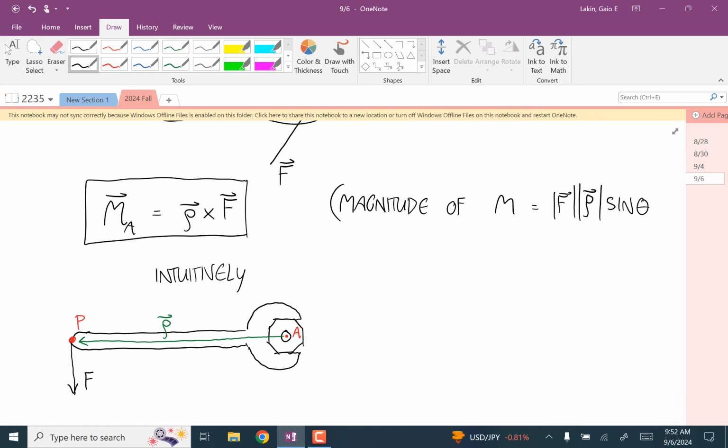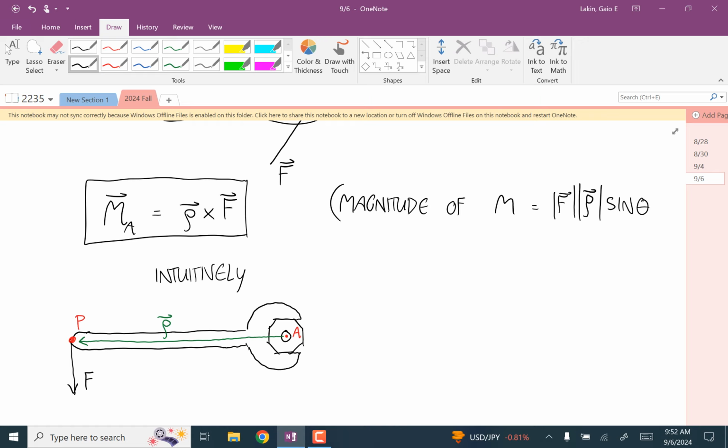So you want this rho vector to be as long as possible, but then you also want that rho vector and the force to be perpendicular to each other. That's the way the cross product works.